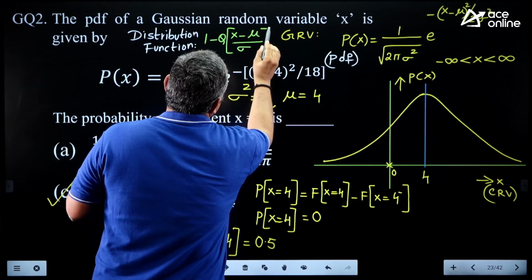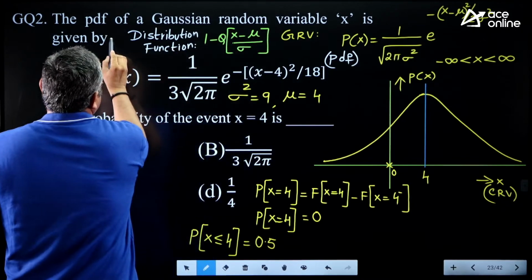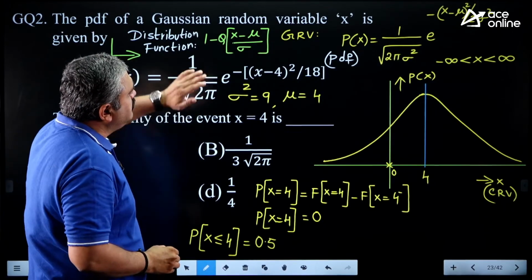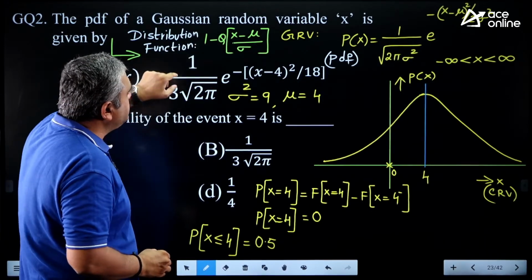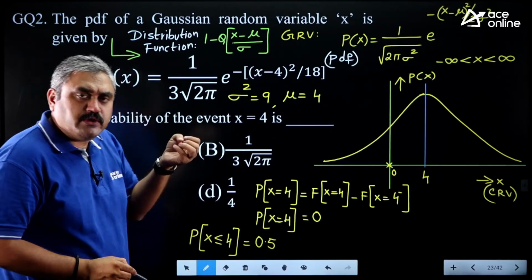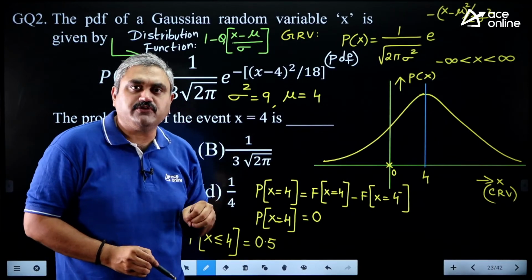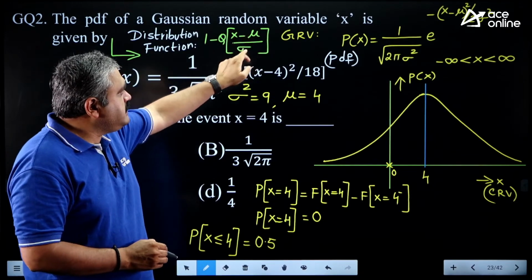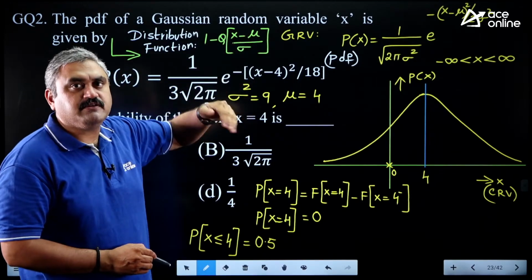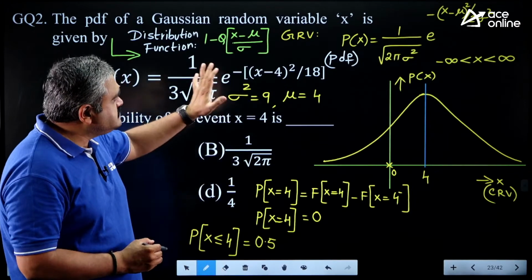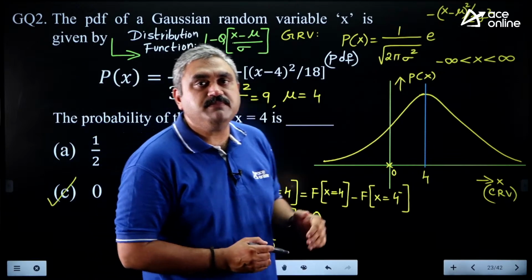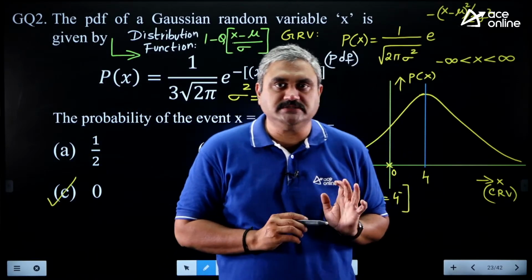This is also very, very useful in your examinations. Q functions you have to understand. So whenever you have a random variable x, when you want to take the distribution function of a Gaussian random variable, then this is the standard format. Mu represents the mean, sigma the standard deviation. So these two things are very, very important whenever you attempt any question based on Gaussian concept.